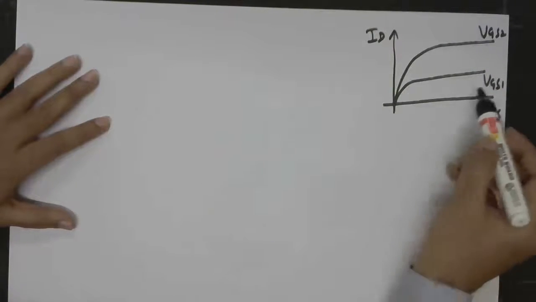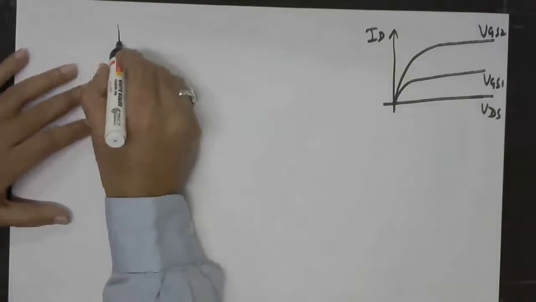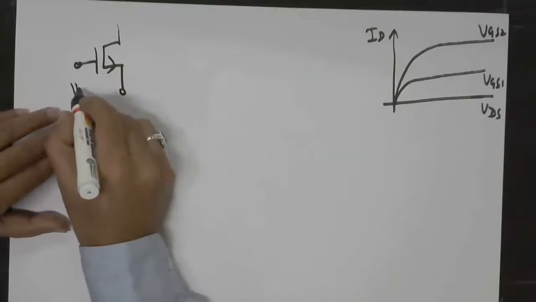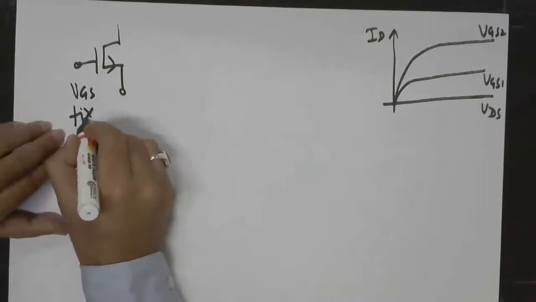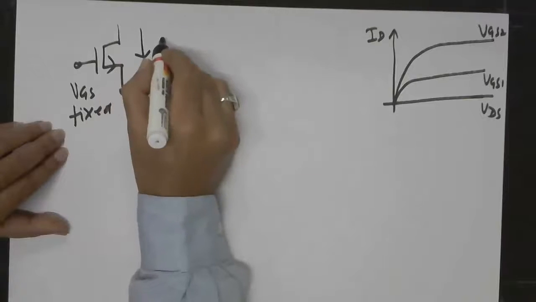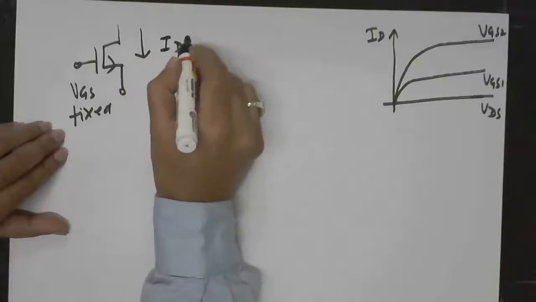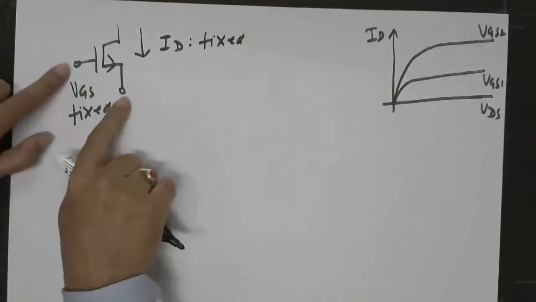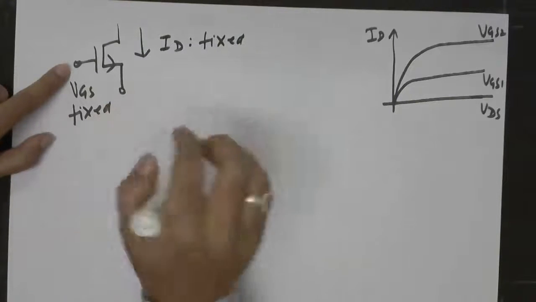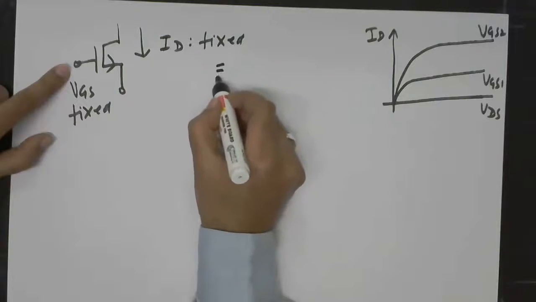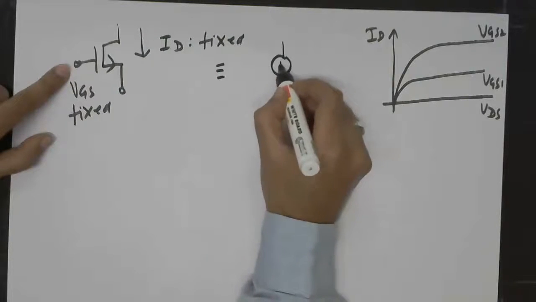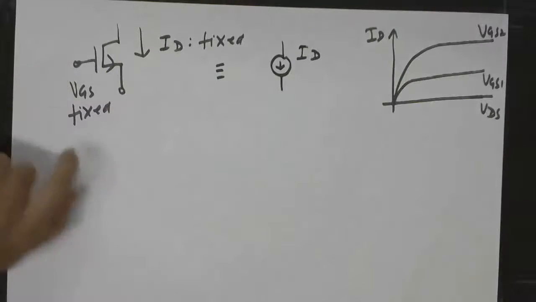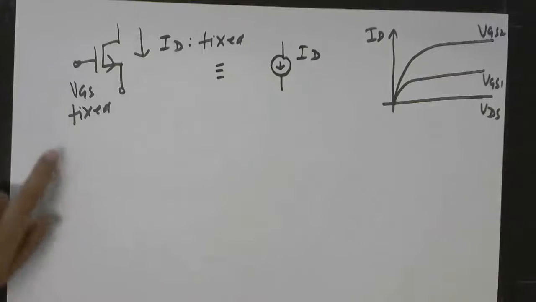That means if you maintain constant gate to source voltage, if you keep this VGS fixed, then ideal MOS will provide a current ID which will be fixed and decided by gate to source voltage.